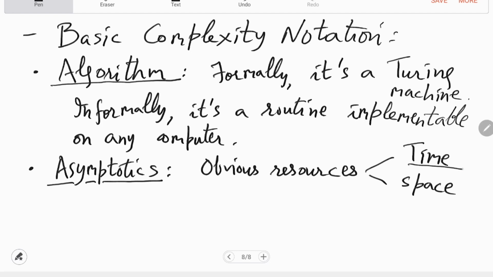There are these steps in a Turing machine, and just the number of steps is called time. When you look at the number of steps as a function of n, which is the input size, that becomes time complexity.